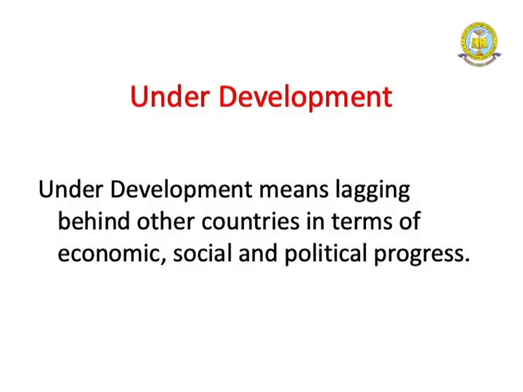Now, let us understand the meaning of underdevelopment. Underdevelopment means lagging behind other countries in terms of economic, social and political progress. Now, let us see what are the characteristics of underdevelopment. As we have already mentioned, development indicates high level of income and underdevelopment indicates low level of income.